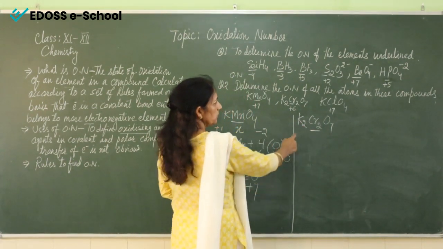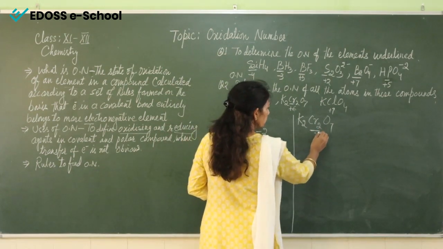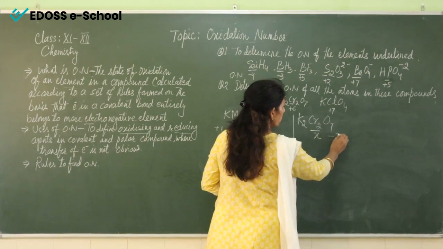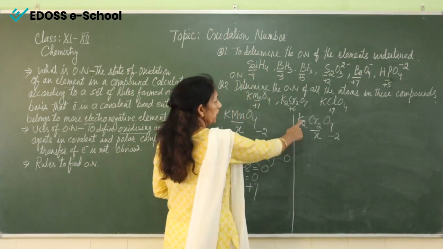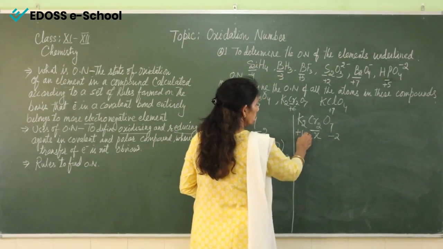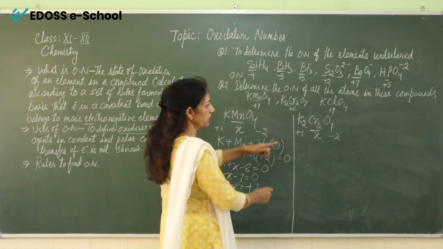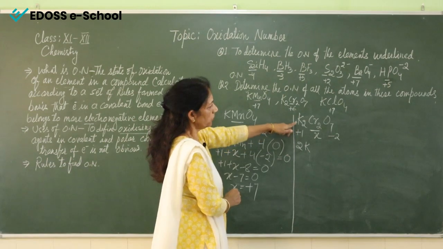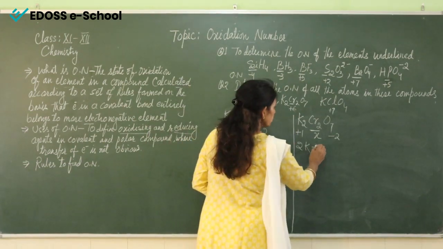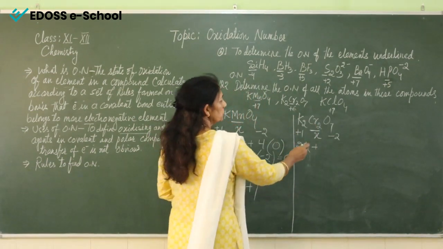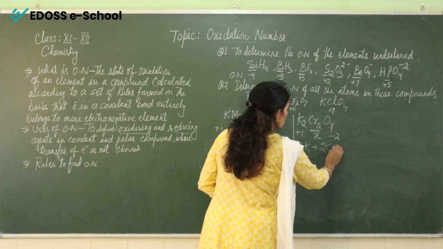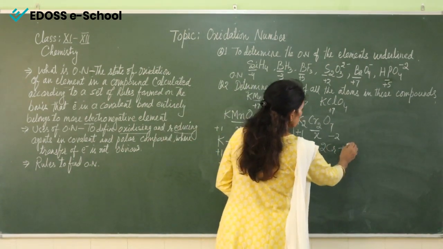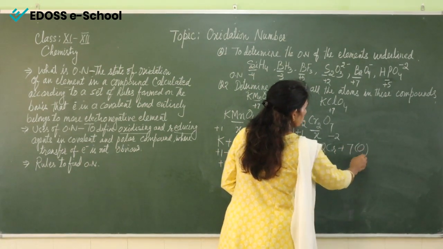So this we will take as x, and oxygen we know is -2 and potassium is +1. In the same way we will write 2K, because potassium has 2 atoms, plus 2 chromium, and oxygen is 7, so 7 oxygen.